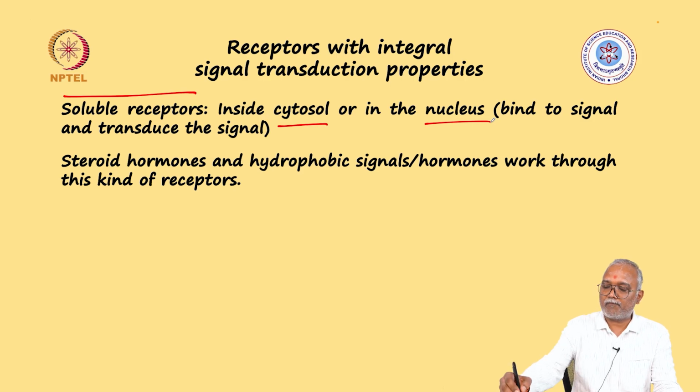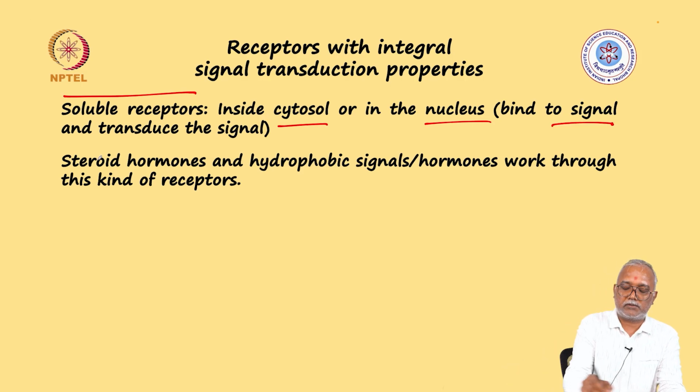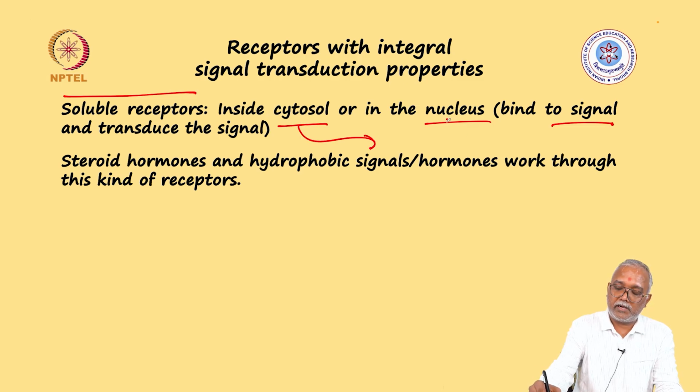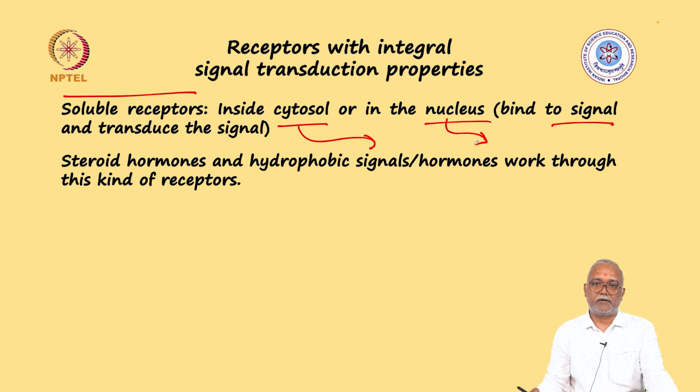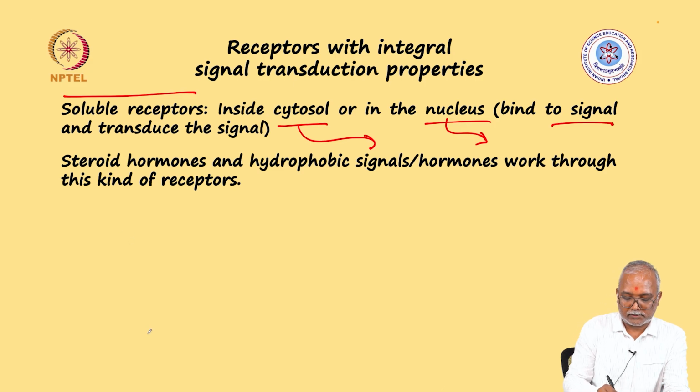The binding of the signal takes this receptor to the nucleus. If it is present in the cytosol, it takes it to the nucleus. If it is present in the nucleus, it activates the receptor. In both scenarios, the end result is transcription.